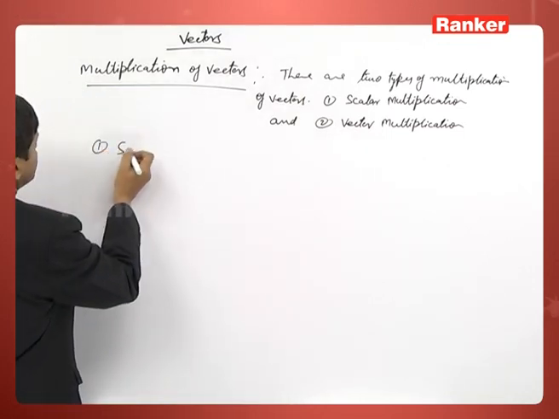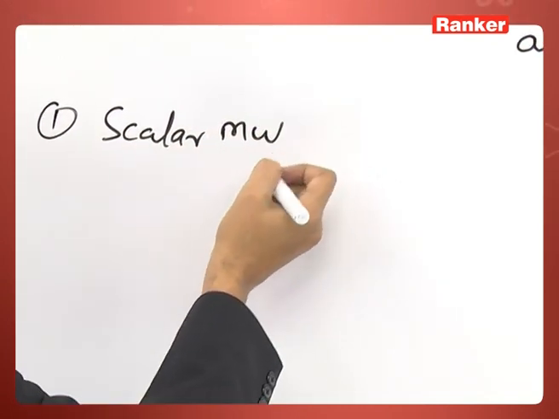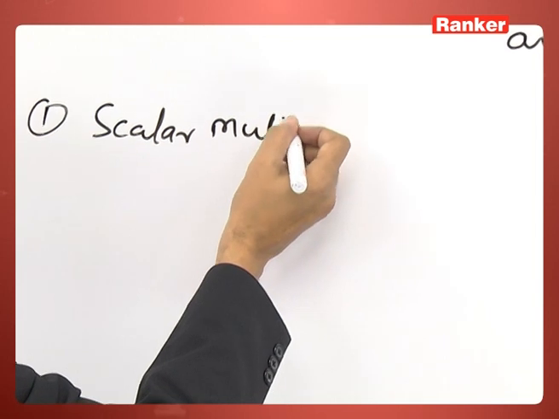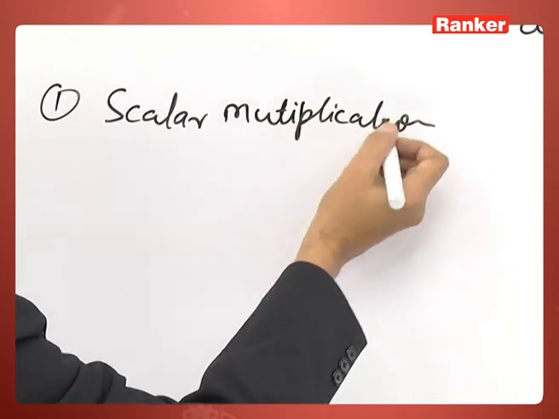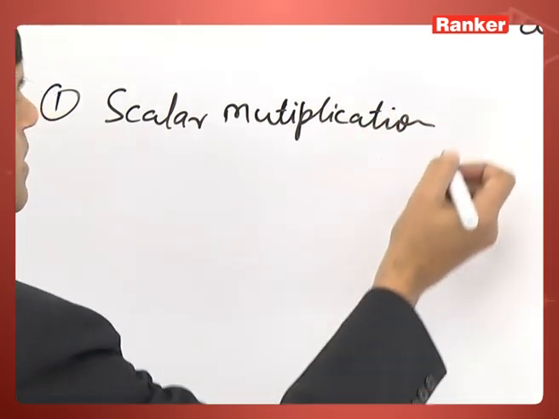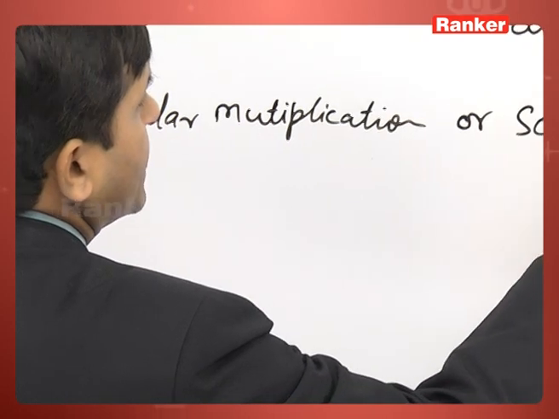First is scalar multiplication, also known as scalar product.